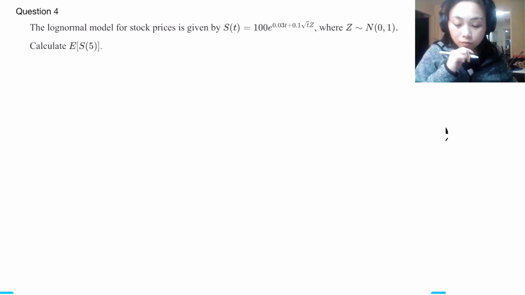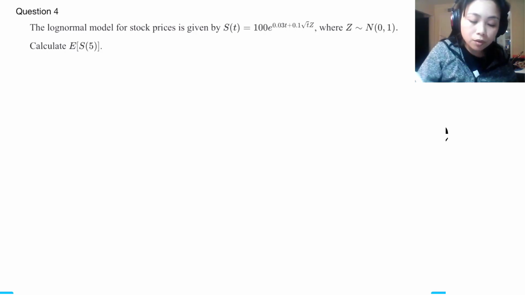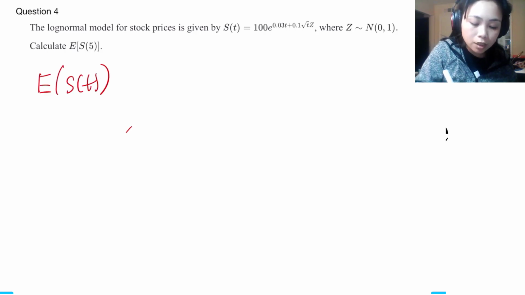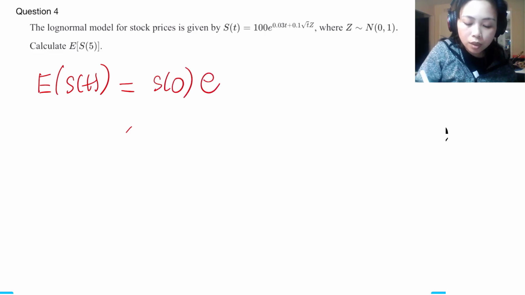So this is the formula to find. Let me see if it's the correct one. Let me try to remember. Yeah, that's correct.